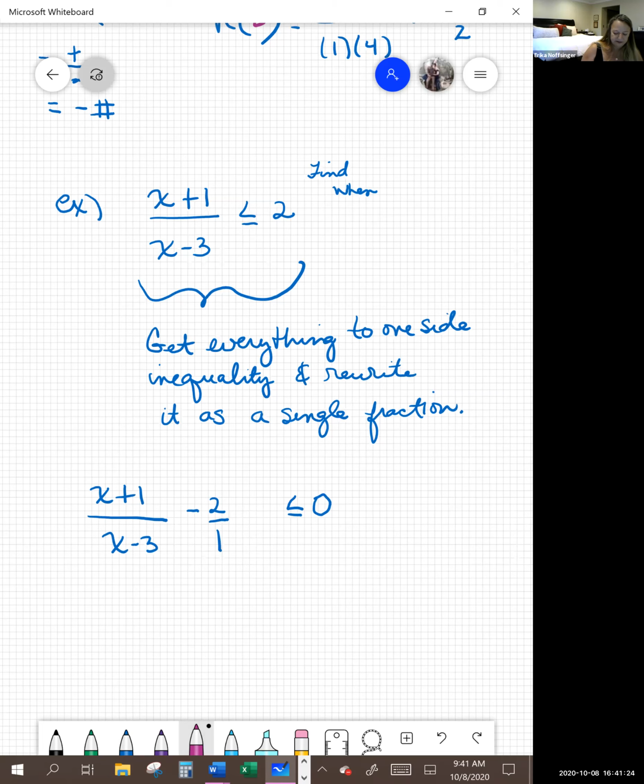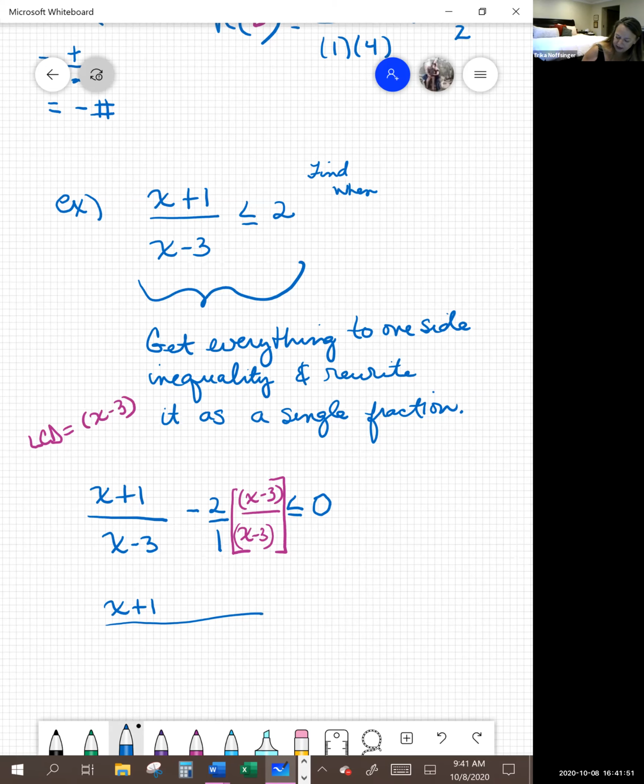So our LCD of x minus 3 and 1 is x minus 3. Let's multiply this by our fancy 1, x minus 3 over x minus 3. So we have x plus 1 all over our new denominator of x minus 3.